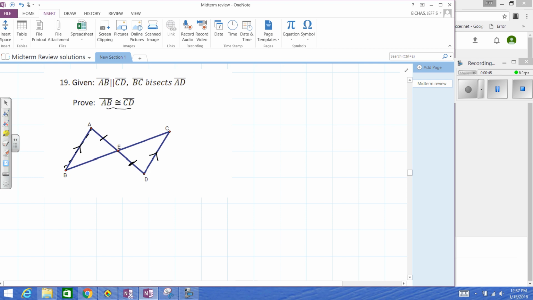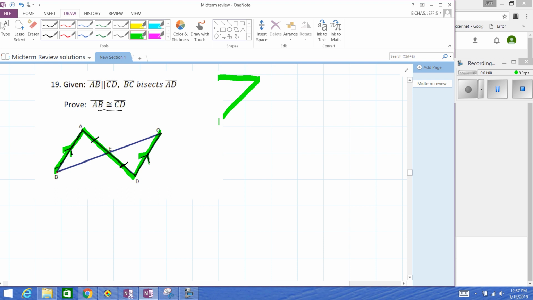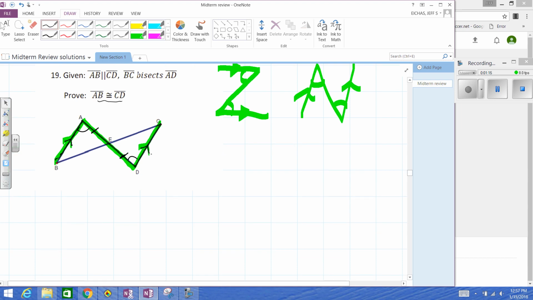What I try to show my students is to look for the N or the Z, with the parallels being the ends. If we're doing the Z, these are your parallels. If we're doing the N, those are your parallels, okay? And then the inside corners are always congruent because of alternate interior angles. So we can guarantee that these two are the same.